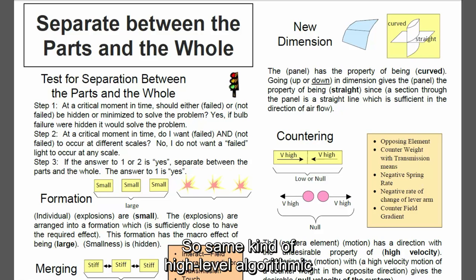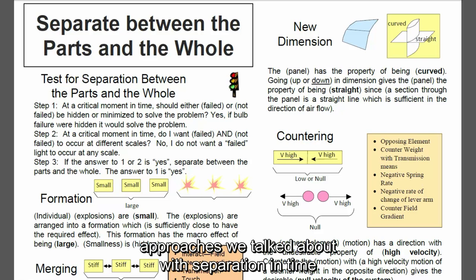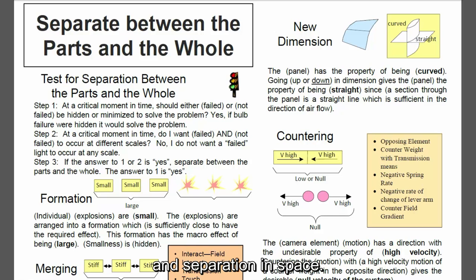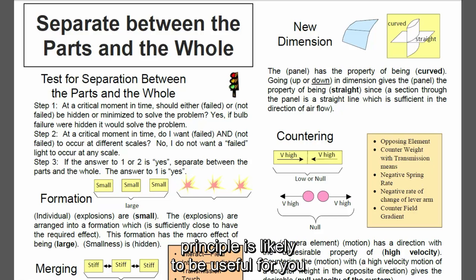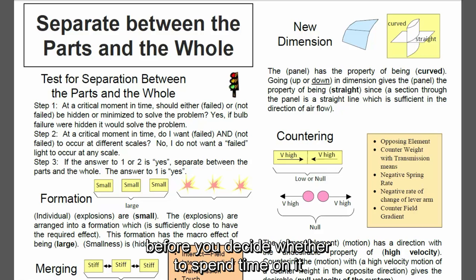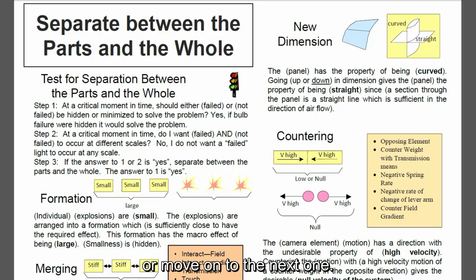So it's the same kind of high-level algorithmic approach as we talked about with separation in time and separation in space. You first assess whether that general type of separation principle is likely to be useful for you before you decide whether to spend time on it or move on to the next one.